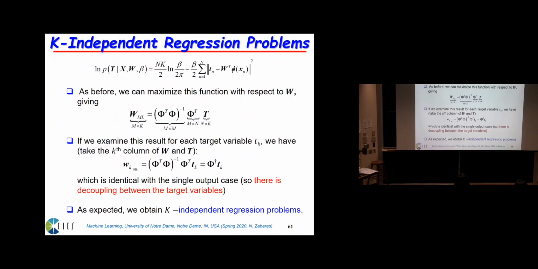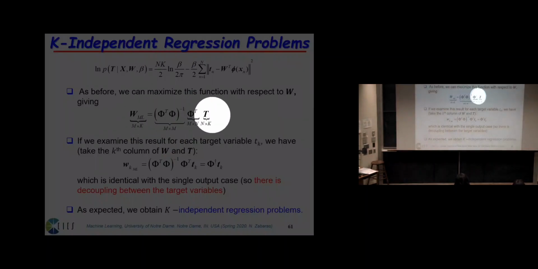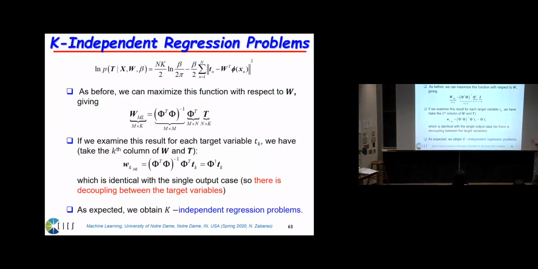So basically, this looks like a nice formula, but when you look at it carefully, you realize it's the same thing as doing the prediction of each column of the matrix W one at a time using the vector tk, which are the kth responses of t over all the data set points 1 to n.